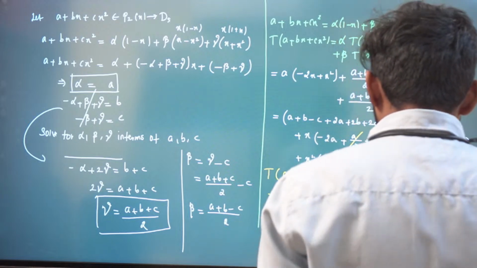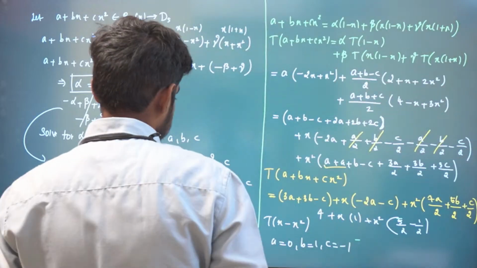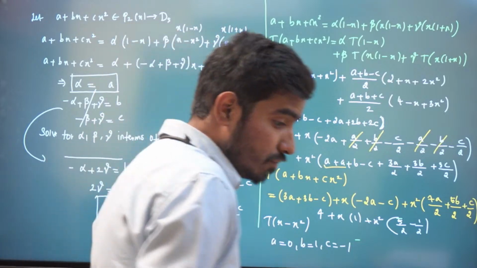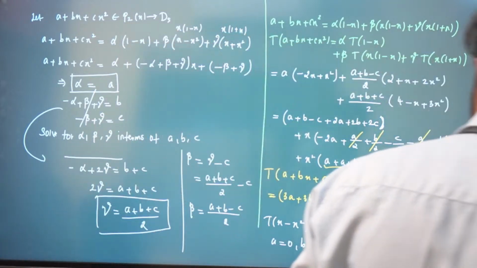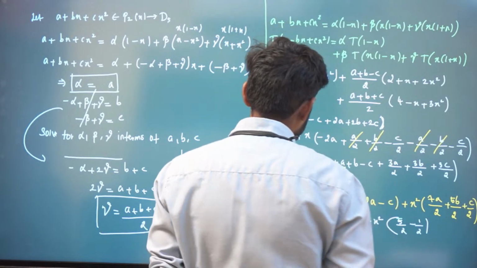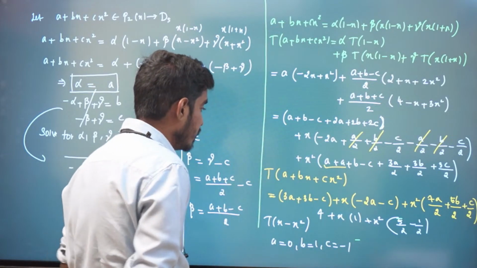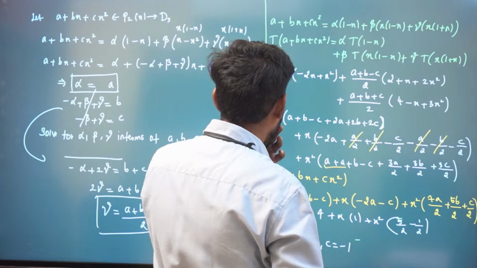Minus 2a minus c. This is 3a plus 3b minus c, minus c or plus c? I'll check this alone.